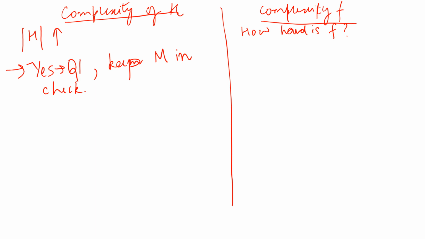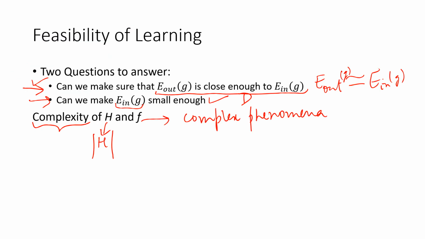Okay, if we say yes to question number two, which is, can we make E in small enough, and that definitely depends on the learning algorithm and the data, it means that m must be big, because we stand a better chance of getting a smaller E in as a result of the flexibility to choose.